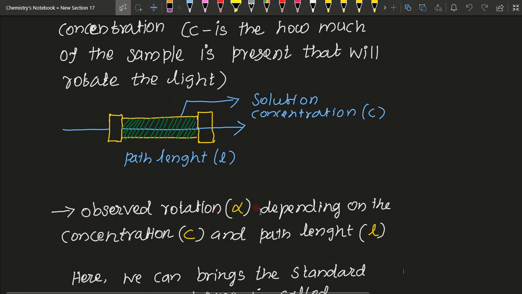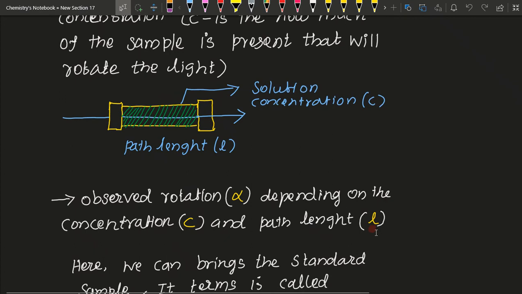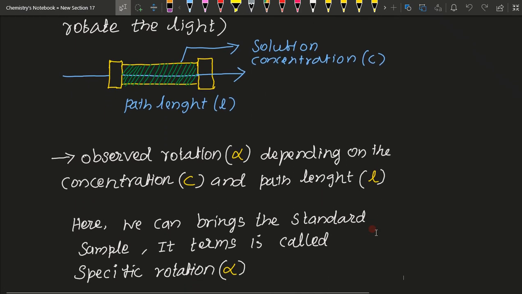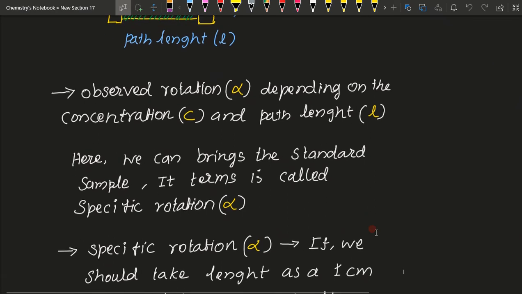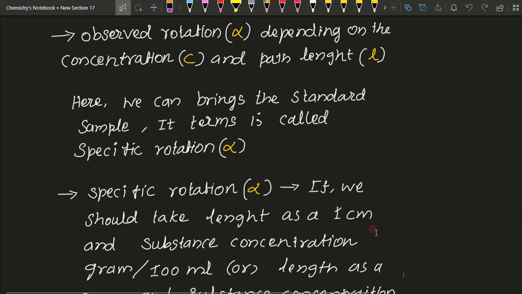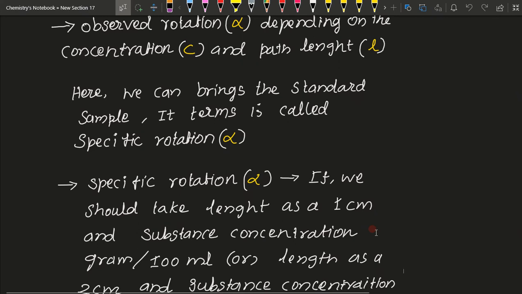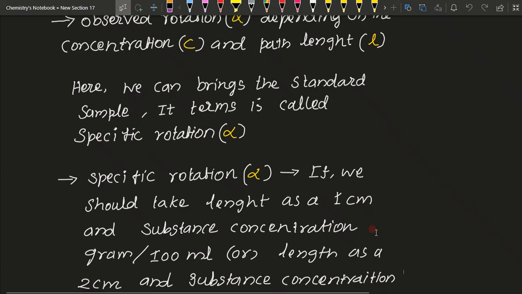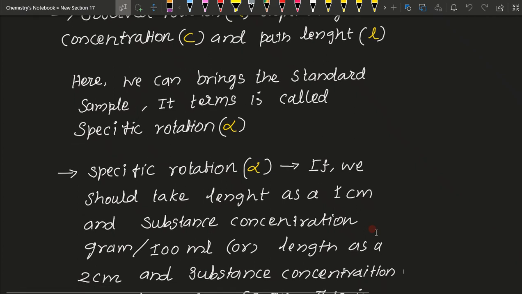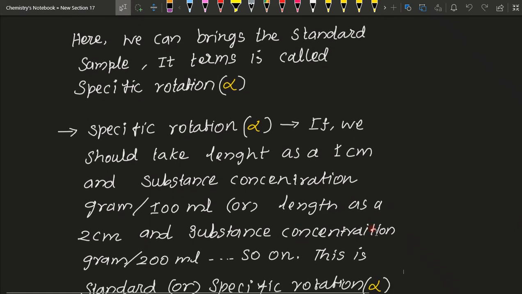Next, the observed rotation alpha depends on the concentration C and the path length L. Here we bring in the standard sample, and its term is called specific rotation alpha. Specific means standard. If we take a standard solution or sample, it is called the specific rotation alpha.